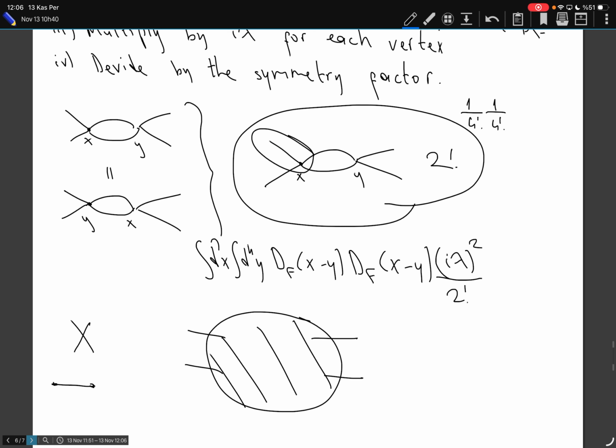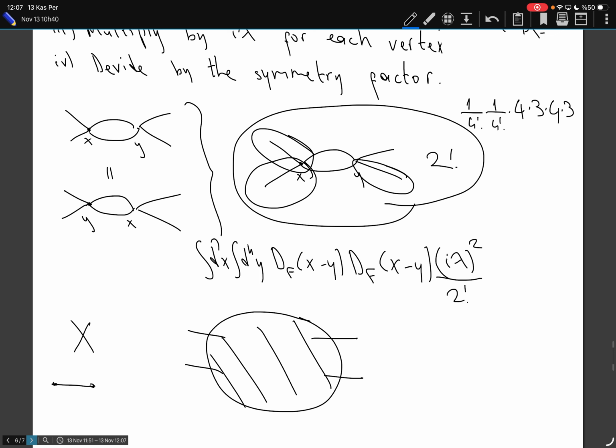Now this line over here can be connected to 4 fields at the point x. The other line can be connected to the remaining 3 fields. Well, the same thing will happen over here. This line can be connected to 4 fields at the point y. The other line can be connected to any one of the 3 remaining fields at the point y.